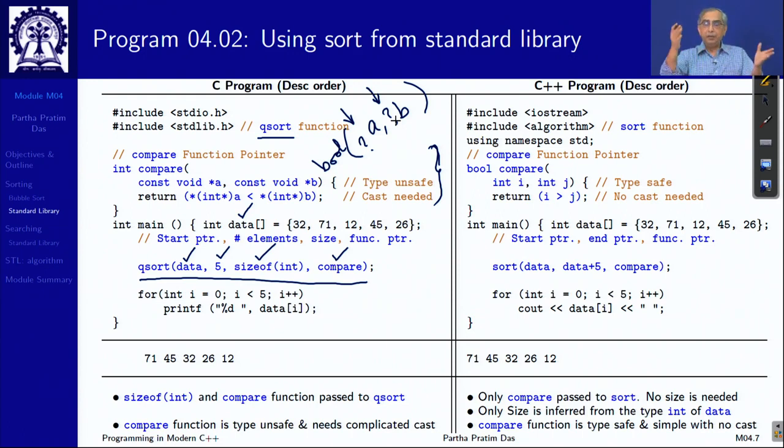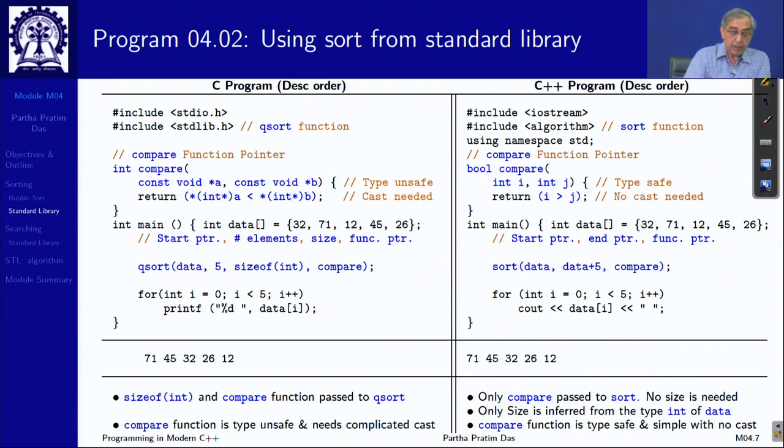The comparison logic would be different, and the data type for this compare function would be different, and you do not know that. So, you do another trick. More than a trick, I should call it a hack, a very common hack in C, which makes it very risky actually.